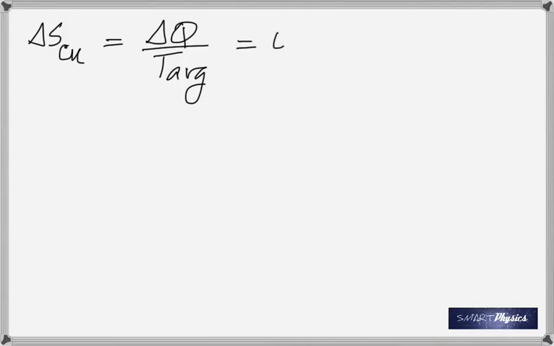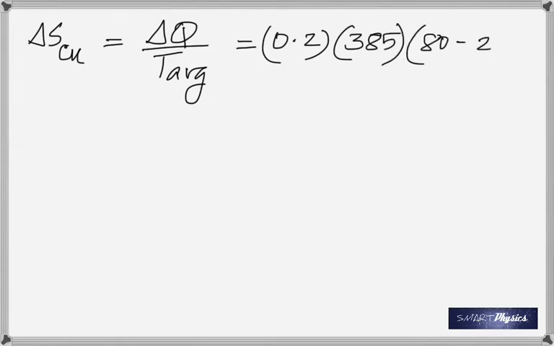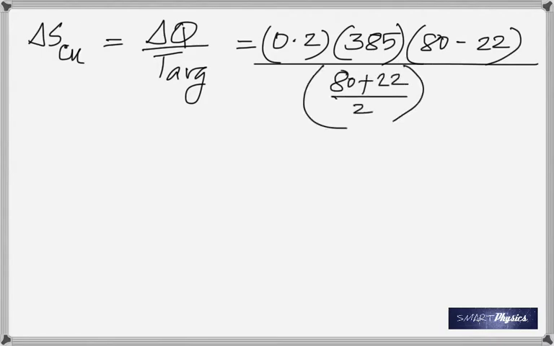And what is the heat lost? Wasn't the heat lost its mass times its specific heat times 80 minus 22? Come on, right? Okay, so I'm writing the average in a particular way, but that's what I told you before. I'm just changing it into Kelvin right there, as you can see. And then I get 13.78 joule per Kelvin. That's the change in entropy of copper.